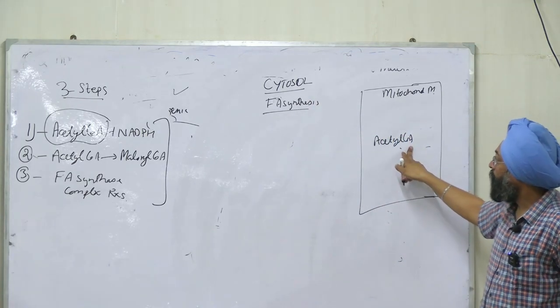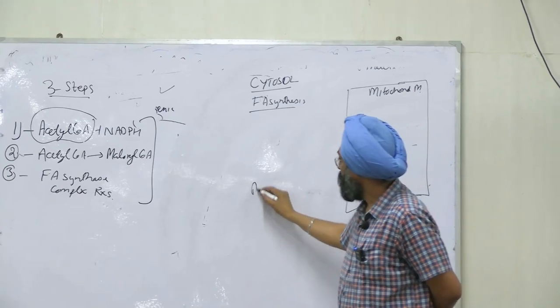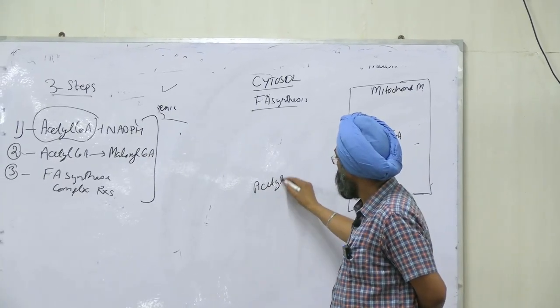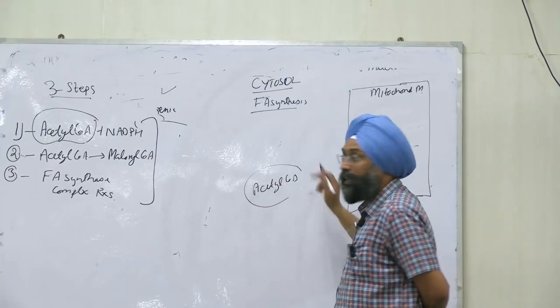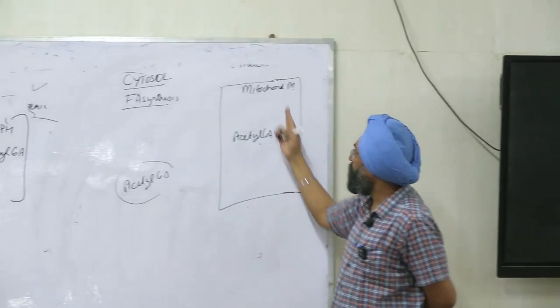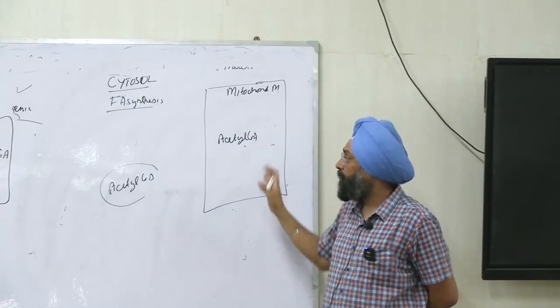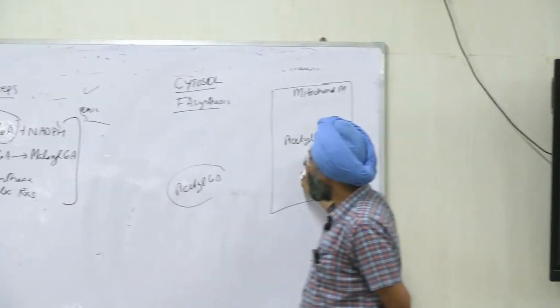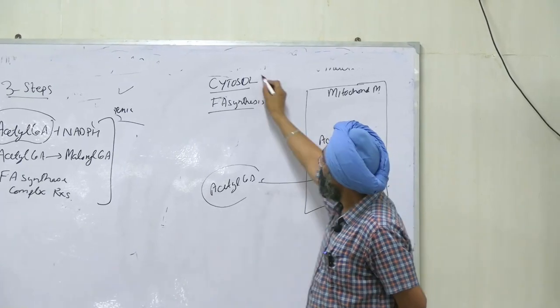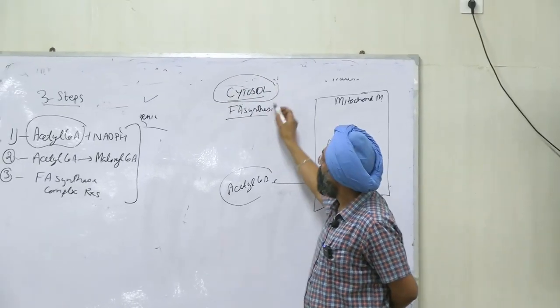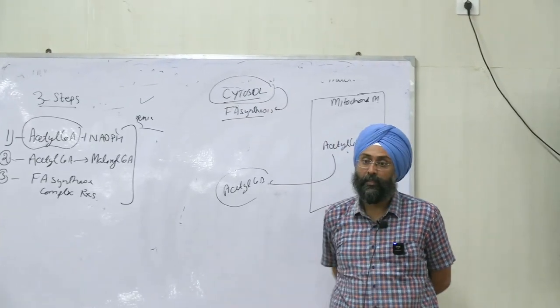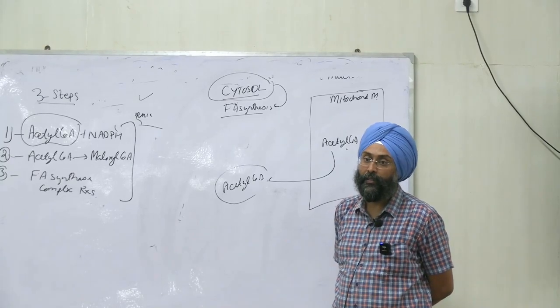So this acetyl-CoA is not available in the cytosol for fatty acid synthesis. It is produced in the matrix. First process is we have to bring this acetyl-CoA into the cytosolic fraction of the cell for fatty acid synthesis, right? How will you do it?